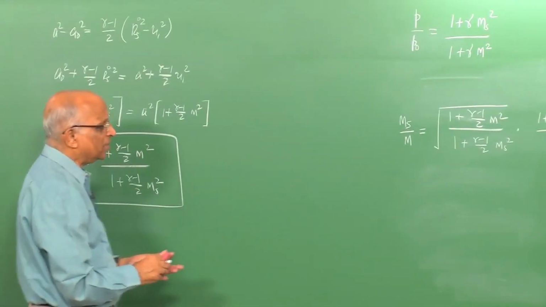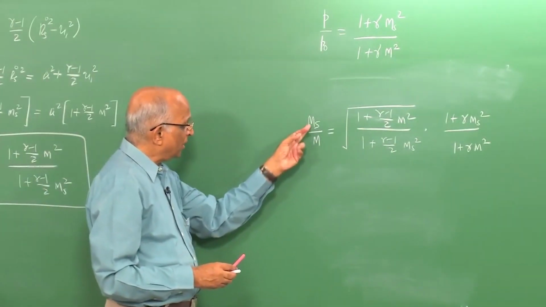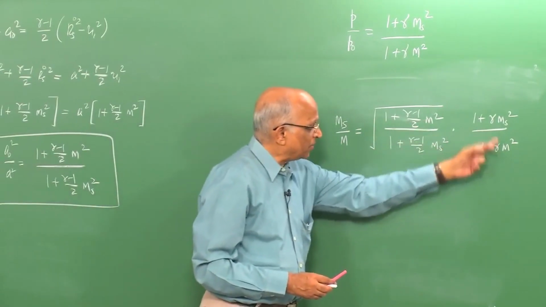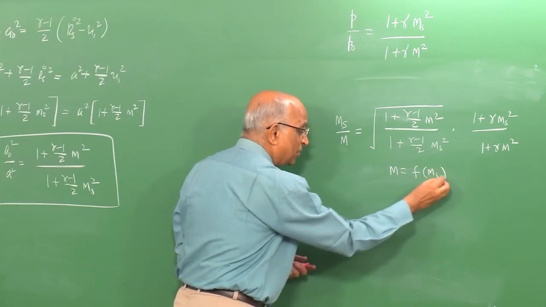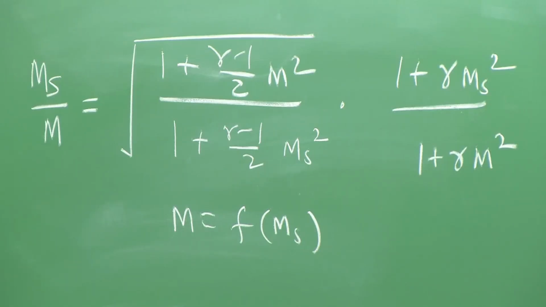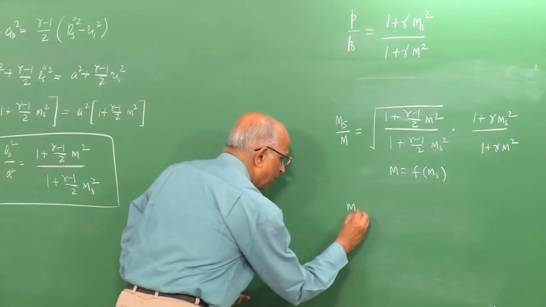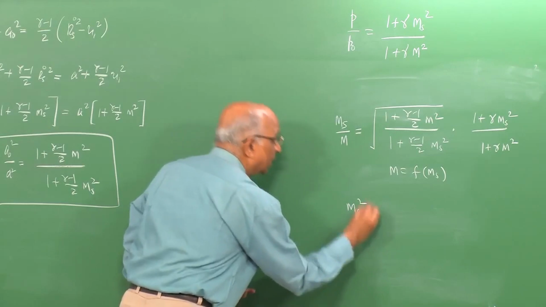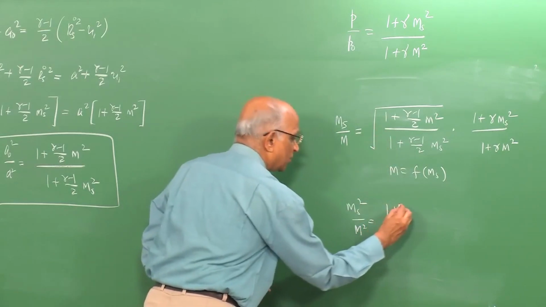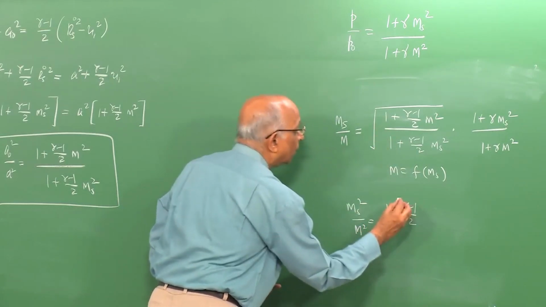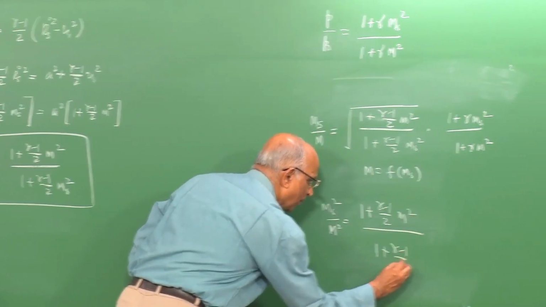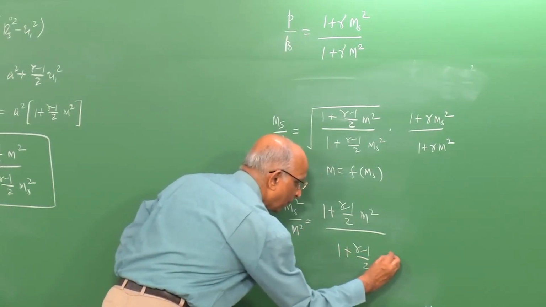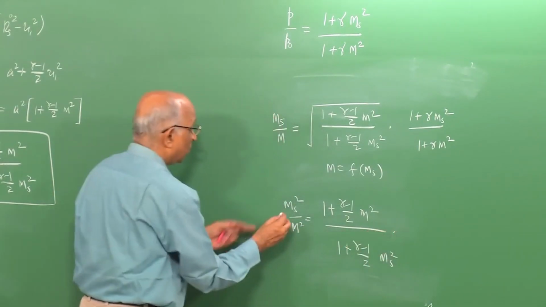Now, what is it you find in this expression? You have Ms and M, rather I am able to get the dependence of M as a function of Ms, which is what we wanted to do. But this equation is a little clumsy, therefore I take the square on both sides. I get Ms squared divided by M squared is equal to, the square root vanishes, (1 plus (gamma minus 1) by 2 into M squared) divided by (1 plus (gamma minus 1) by 2 into Ms squared), into this was squared over here.